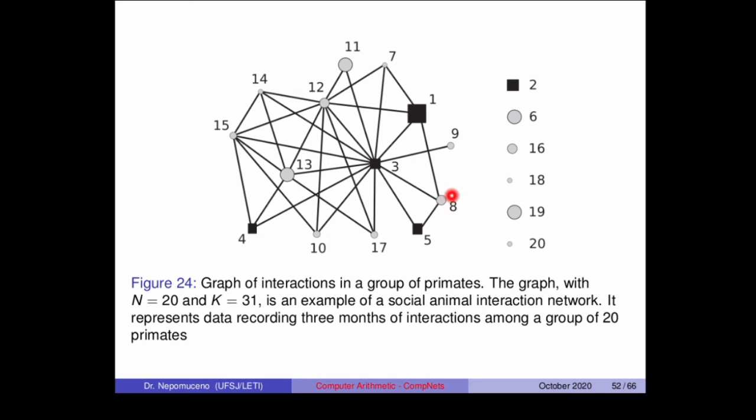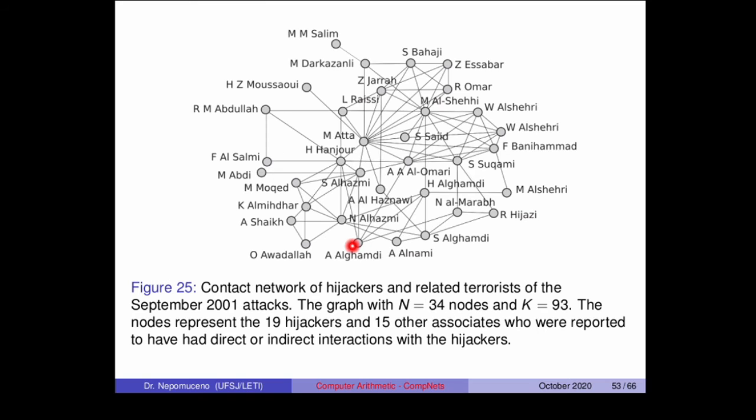So the graph of interactions in a group of primates, the graph with N equals 20 and K equals 31, is an example of a social animal interaction network. It represents data recording 3 months of interactions among a group of 20 primates.